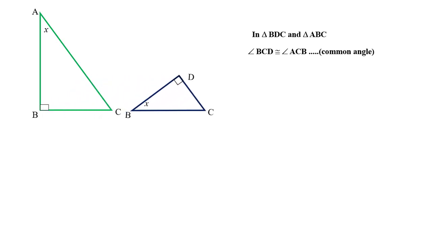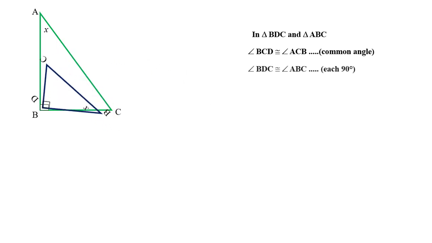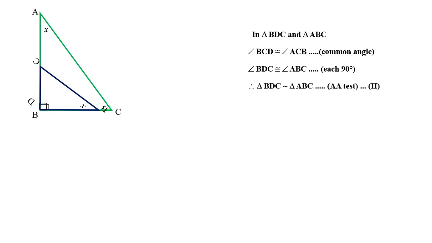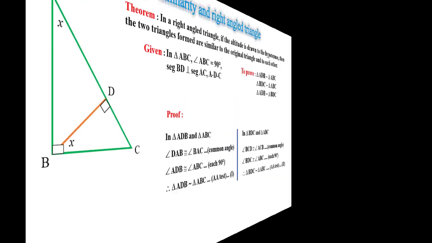Now again separate it and place angle D over B like this, perfectly matched. Therefore, angle BDC is congruent to angle ABC because 90 degrees each. Therefore, triangle BDC is similar to triangle ABC according to the AA test.